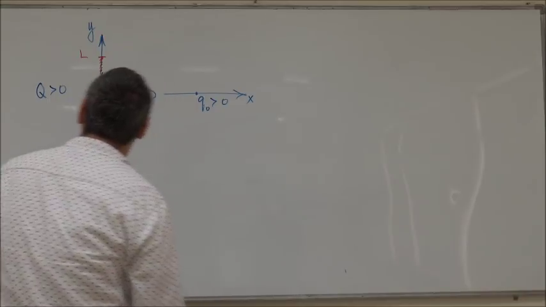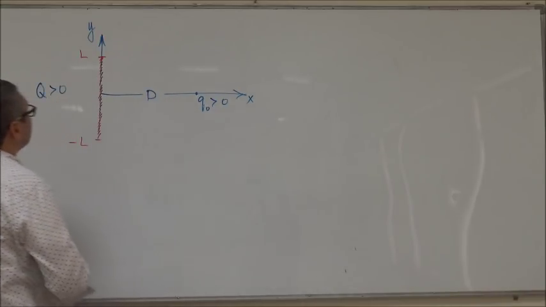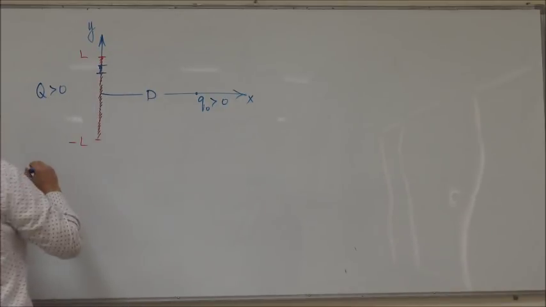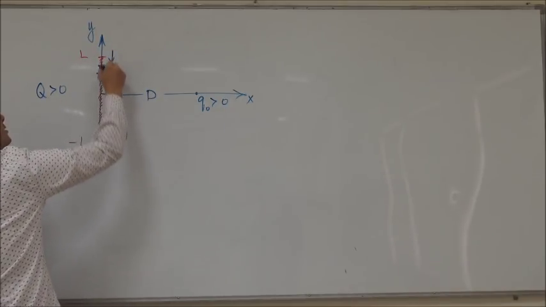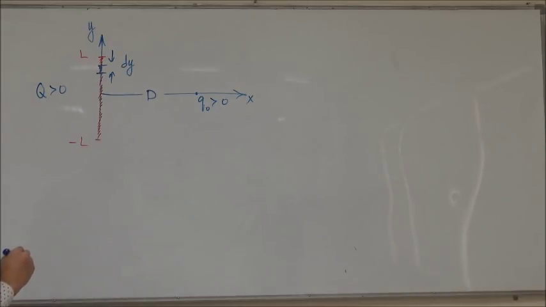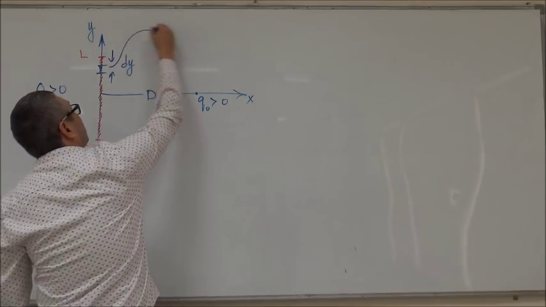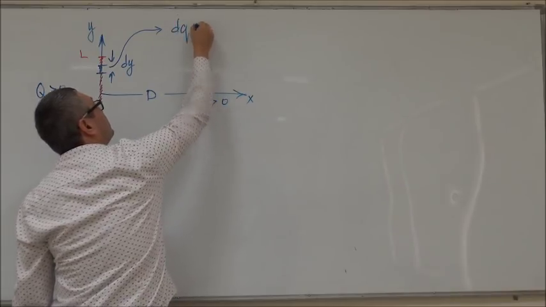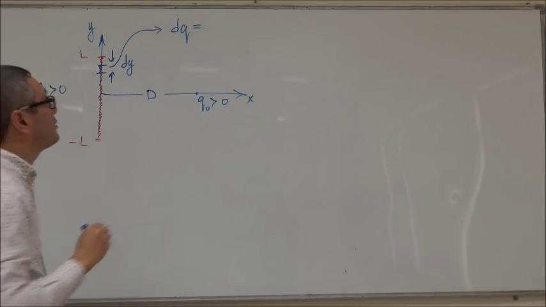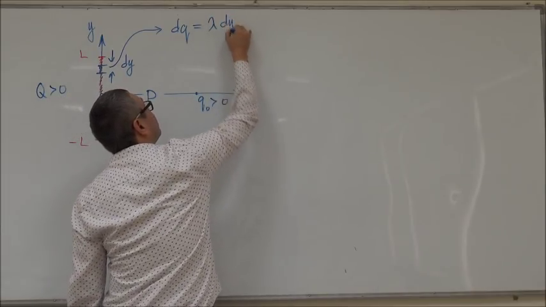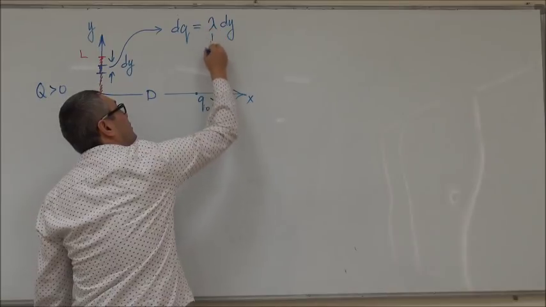So let's look at a small element of that charge here. Let's say that the size of that element is dy. Let's find out what is the amount of charge within this small element. That amount of charge is equal to dq and is equal to the linear charge density lambda times dy, where lambda is measured in Coulomb per meter.